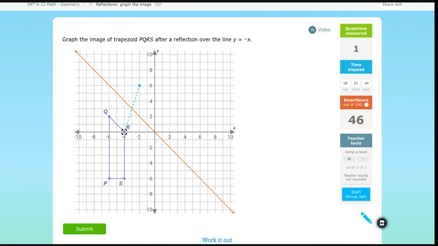From R, we would go up 1, 2, 3, 4 spots. Instead, we'll go to the right 1, 2, 3, 4 spots. S is 10 spots away, and we will go to the right 10 spots.